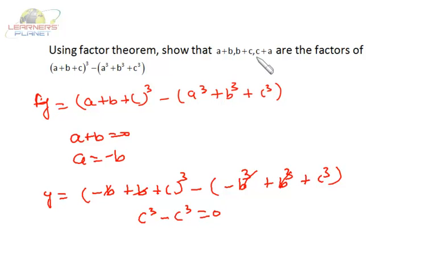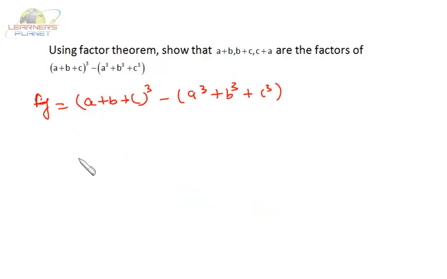Let's do the same working for b plus c and c plus a. Now b plus c is 0. That means b is equal to minus c. So let's put the value of b as minus c in this expression.